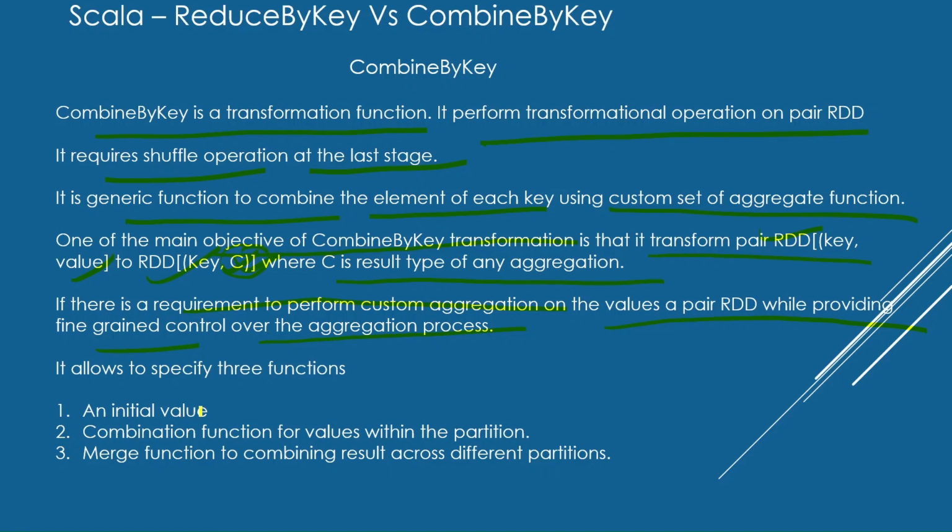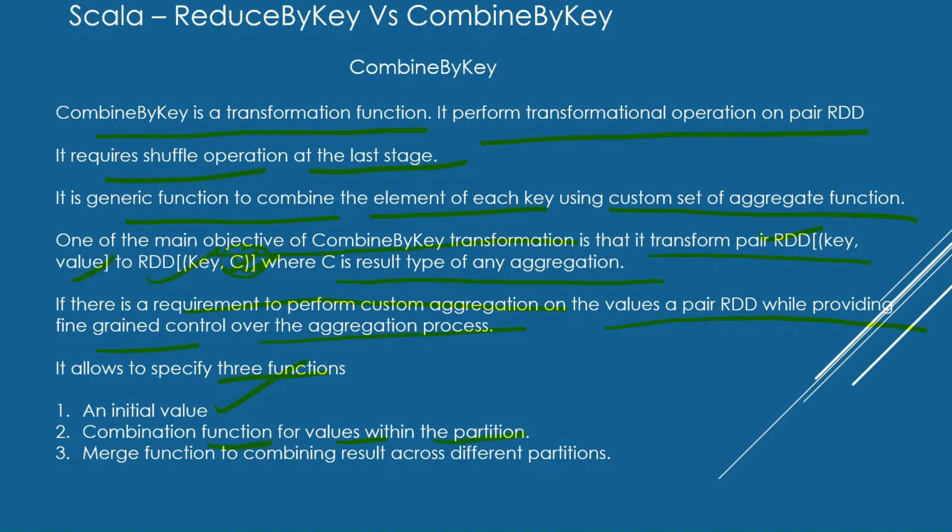Whenever we call the combineByKey function, it takes three parameters. One is the initial value. What is the initial value? The initial value is 0 most of the time, and it is used to initialize the accumulator once the aggregation function is applied on each and every partition. This is the combination function for values within the partition. What will this combination function do?